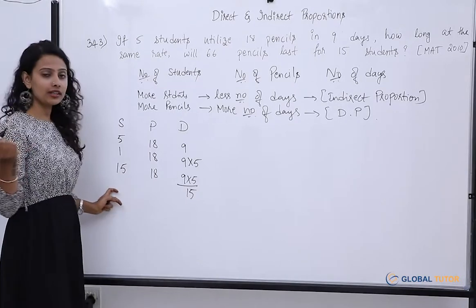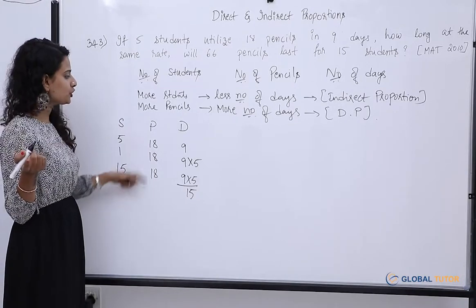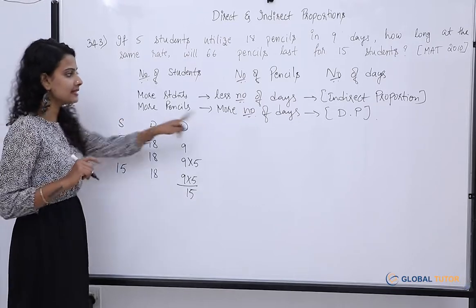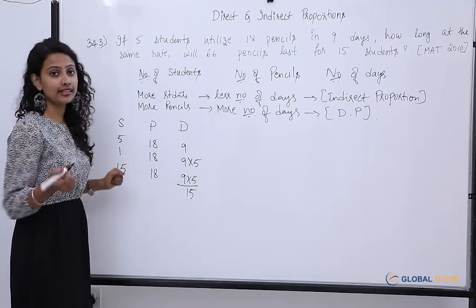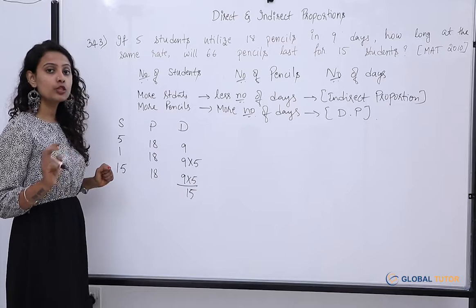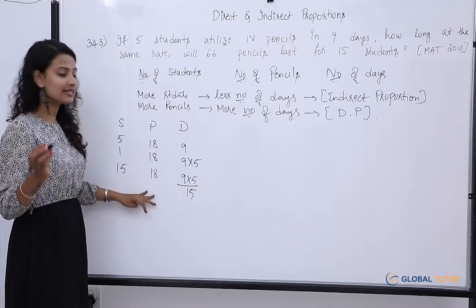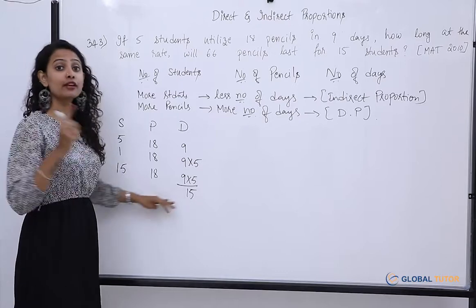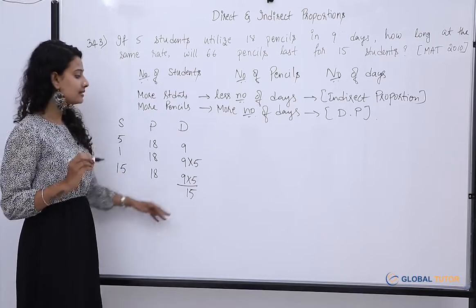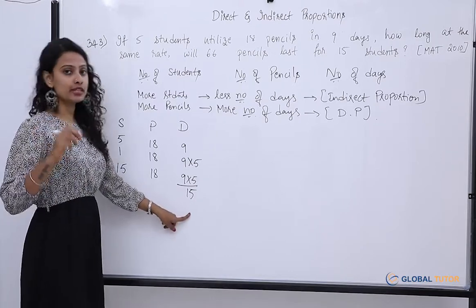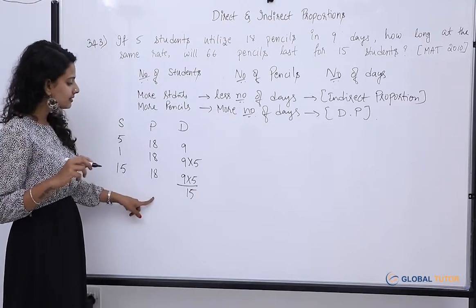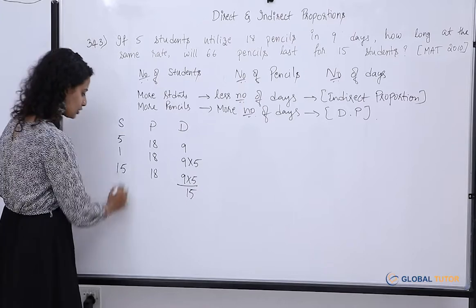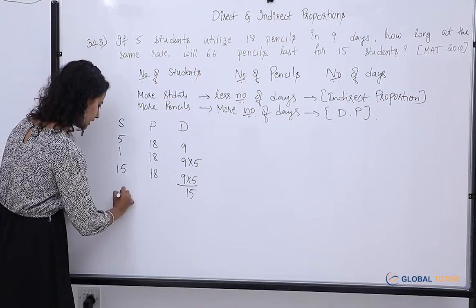Now we will see what happens when we change the number of pencils. We just saw here pencils and the number of days are directly proportional to each other, which means if the number of pencils increase, then the number of days will also increase. If you decrease the number of pencils, then the number of days will also decrease. So let us see what happens when we decrease the number of pencils. The students will remain same, which is 15.